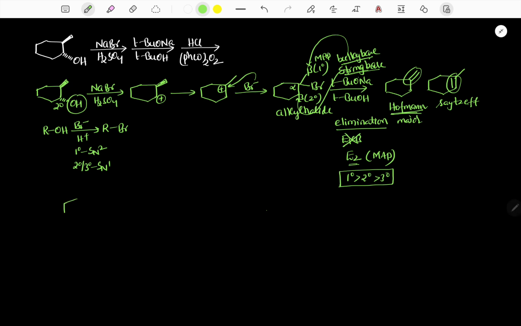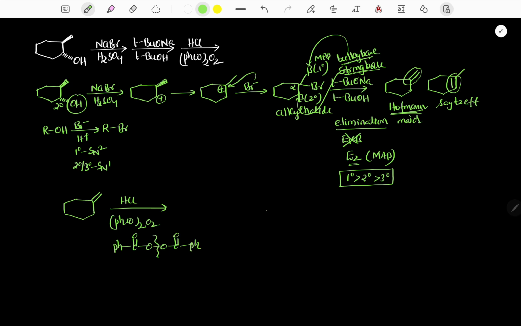Now the major product is treated with HCl in the presence of benzoyl peroxide. It is benzoyl peroxide, Ph C double bond O, O, O, C double bond O, Ph.